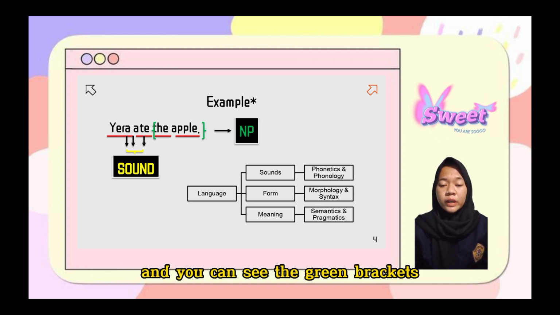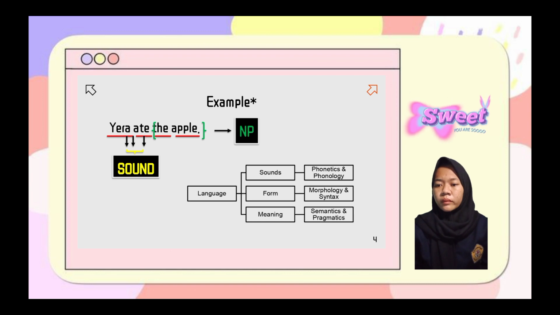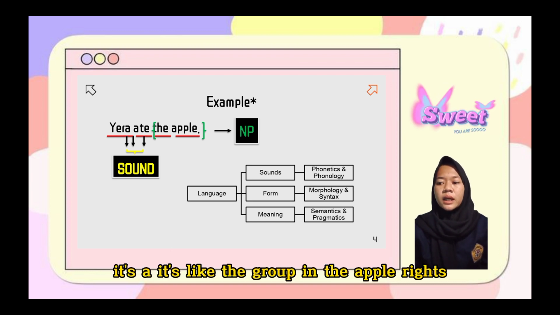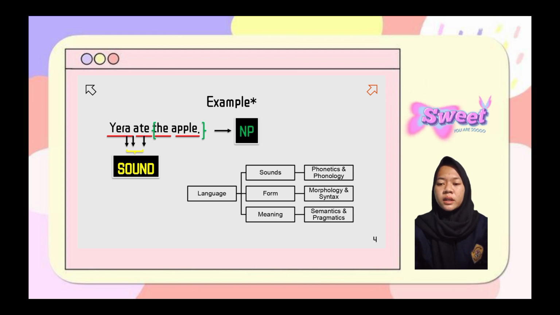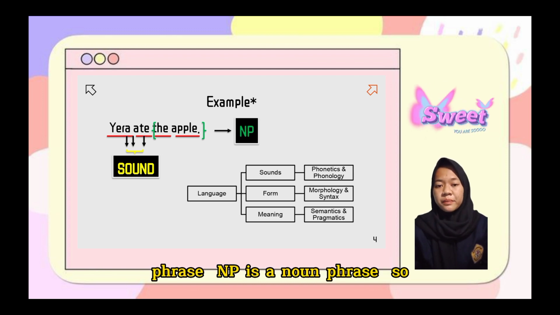And you can see the green brackets. It's like the group "the apple," right? So "the apple" takes place as a phrase. NP is a noun phrase.